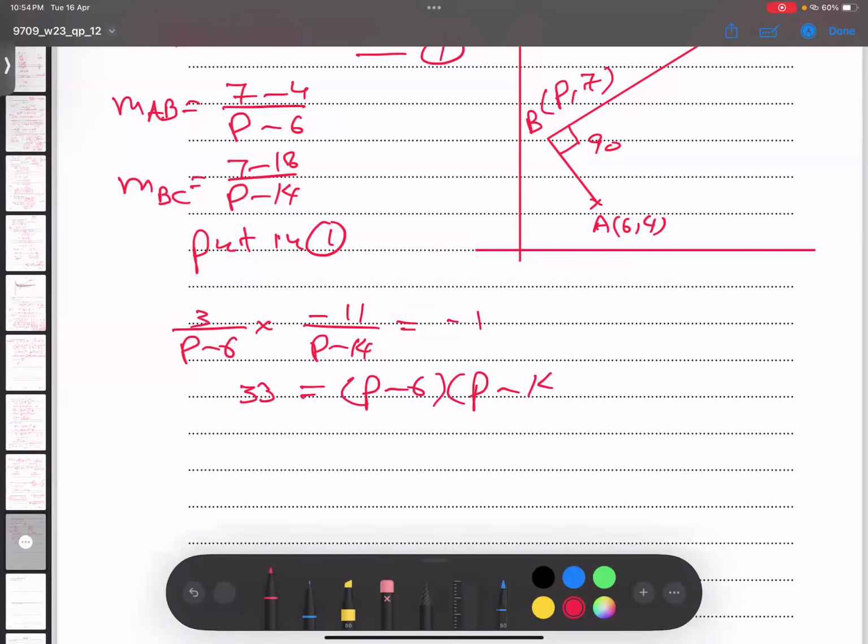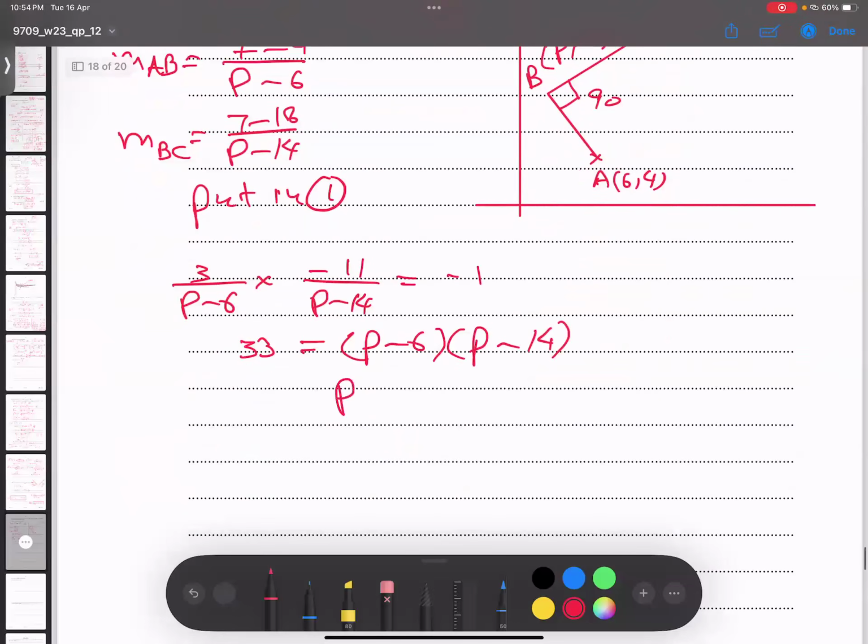Now I'm going to simplify. P squared minus 14P minus 6P plus 84, since 14 times 6 is 84, equals 33. So P squared minus 20P, and subtracting 33 from 84 we get 51, equals 0.